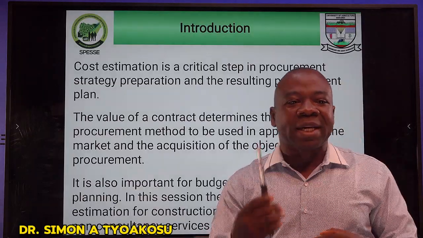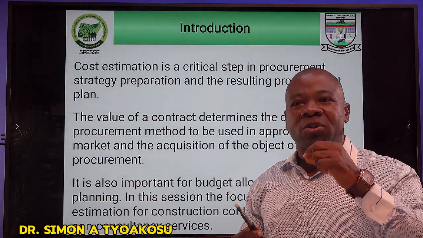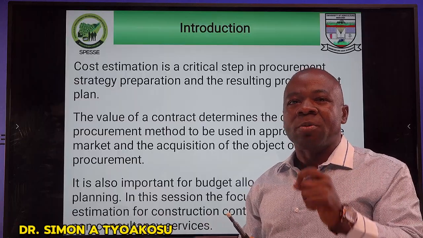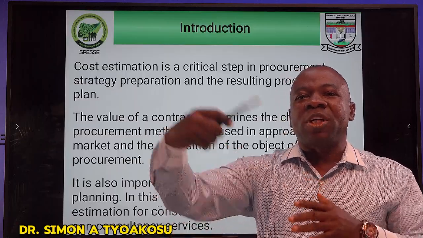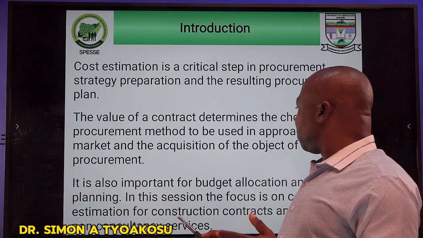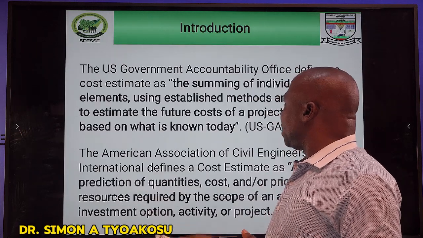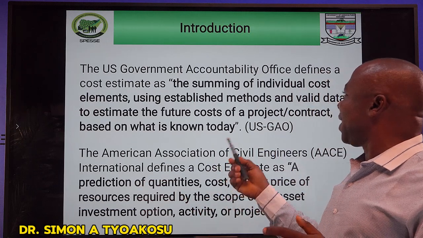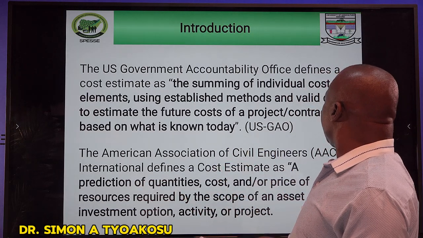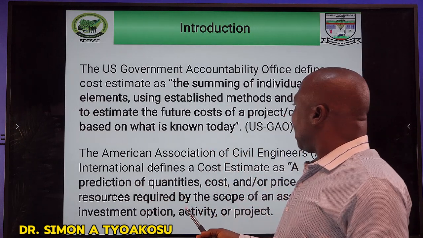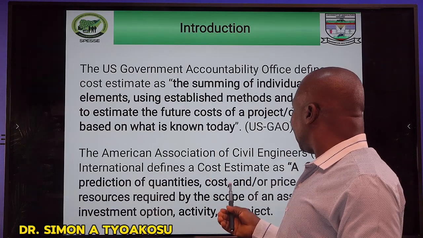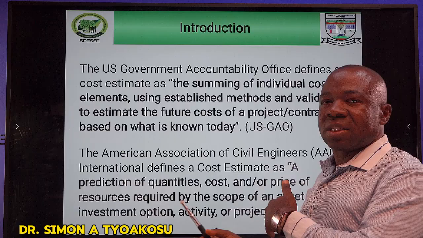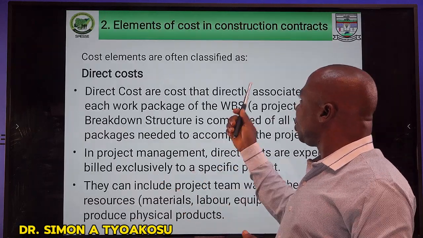So in approaching the market, you already have an idea of what the price is, what are the cost elements, for you to be better placed in the course of your negotiation with the persons you are going to meet in the market or in the contract. The United Nations, the Government Accountability Office defines cost estimates, as well as the American Association of Civil Engineers. The details are for us to look at in the notes.